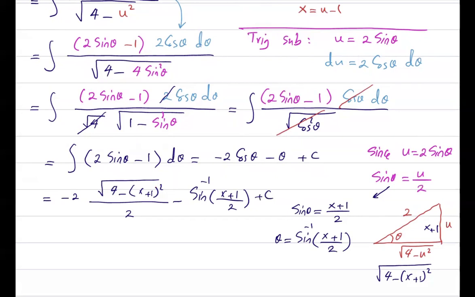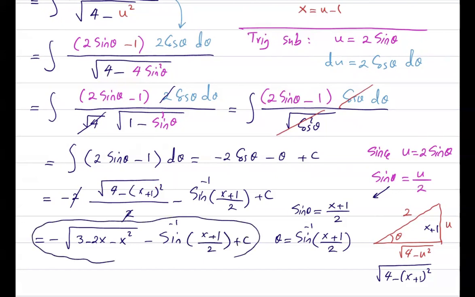You could also simplify this into negative the square root of, but 4 minus x plus 1 to the second power is nothing but 3 minus 2x minus x squared, and finally just copy down the inverse sine of x plus 1 divided by 2 plus the constant of integration.